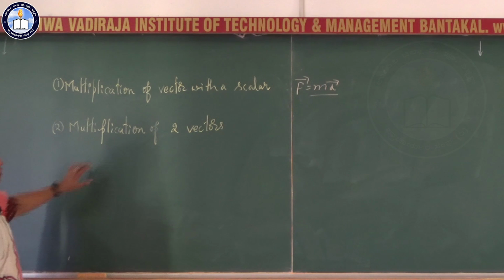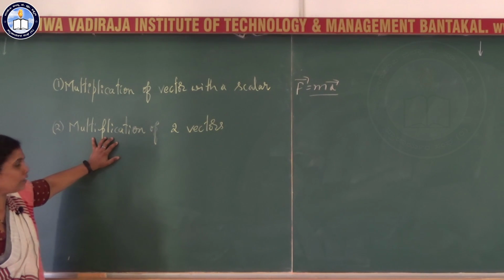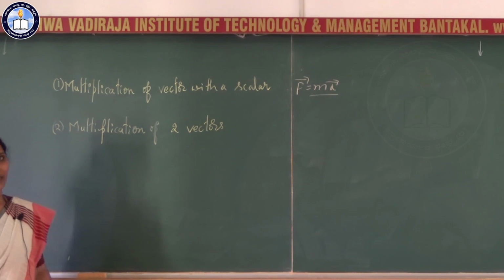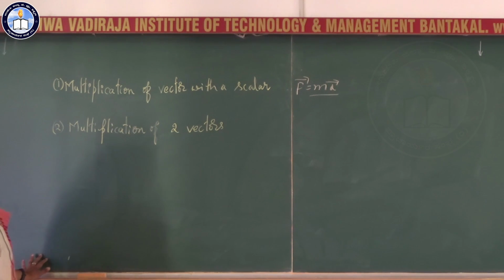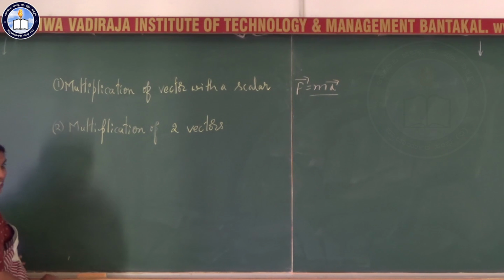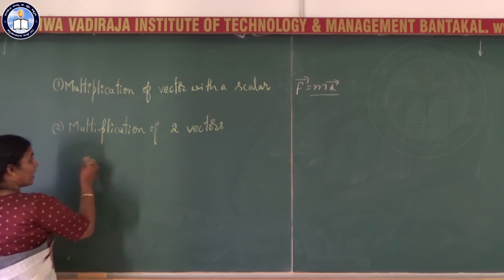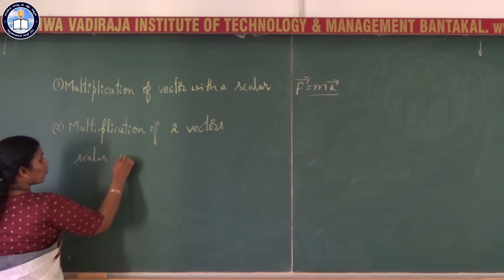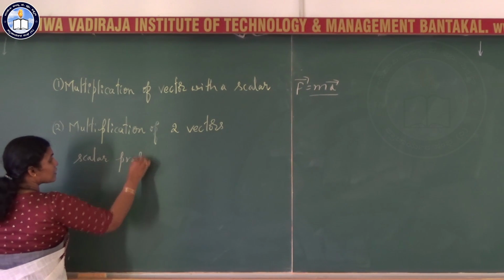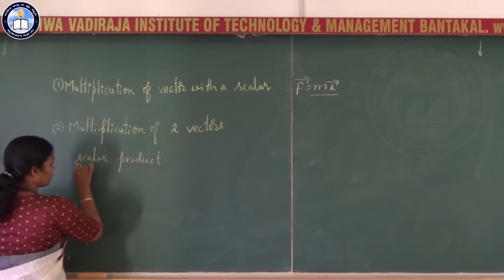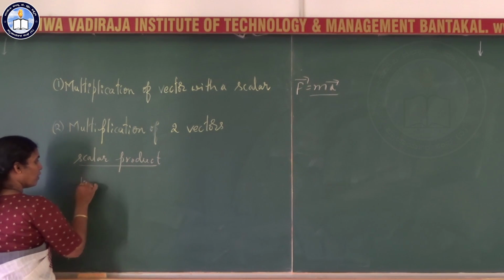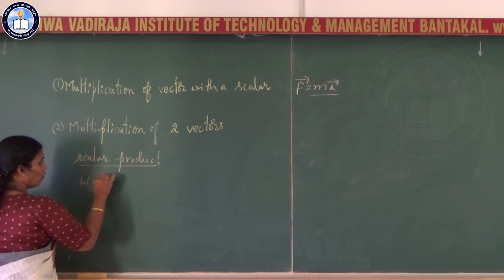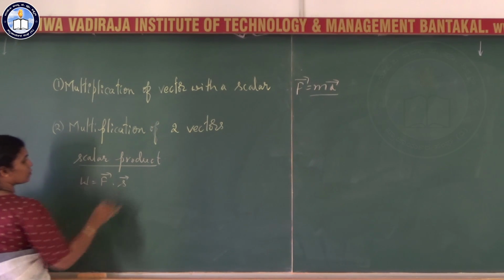Now, we further have seen the multiplication of two vectors in the previous chapter, that is work, power, energy. We have seen one type of multiplication of vectors where the answer is a scalar quantity. We called it the scalar product, where work done equals force into displacement.